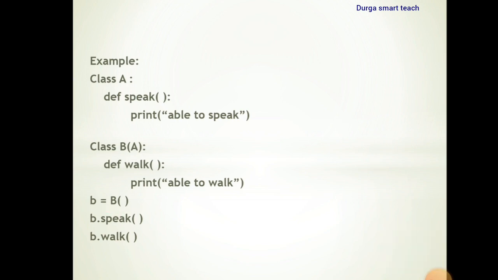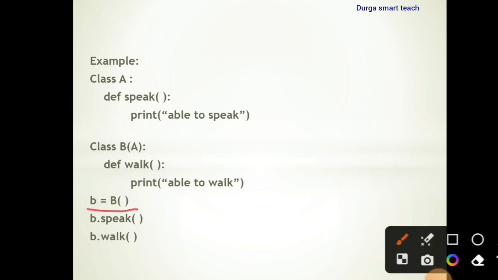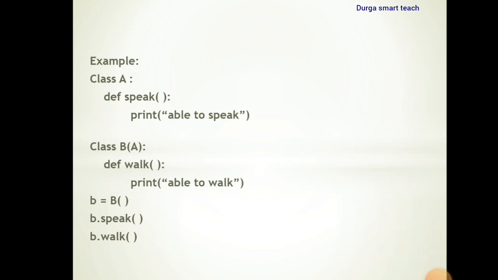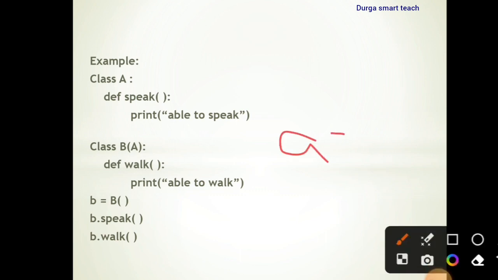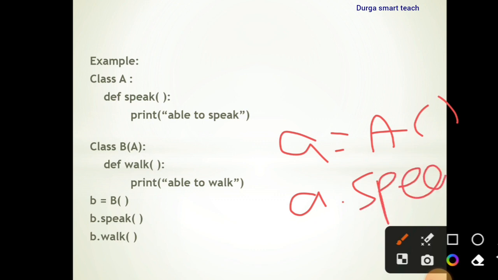I am creating an object for the B class. Why are we not creating an object for the A class? If I create an object for the A class, you can access only the speak function, because the superclass contains only one function, speak. So it will print able to speak.